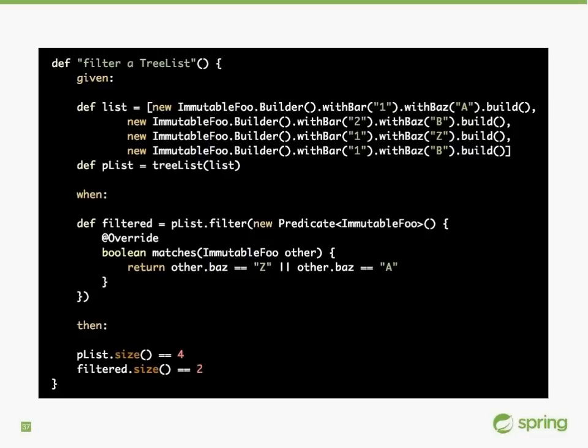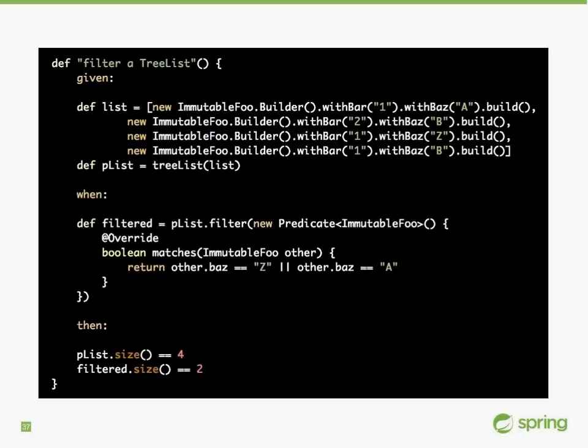When filter does its work, it's actually going to create that new list out of the original list without modifying the original list. And so if you think back to our path copying algorithm, rather than adding elements to the tree, we're actually going to be removing elements from the tree. And so when we get to our then section now, we see that the original list size is still 4, the filtered list size is 2, but it's still based on that original structure.